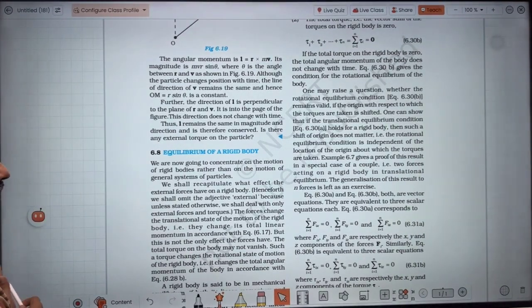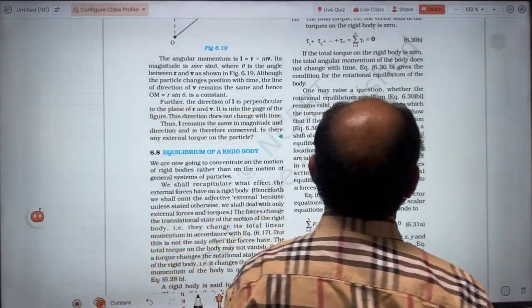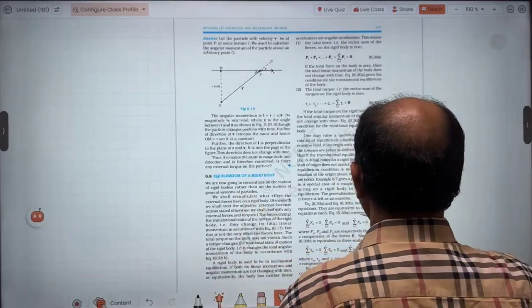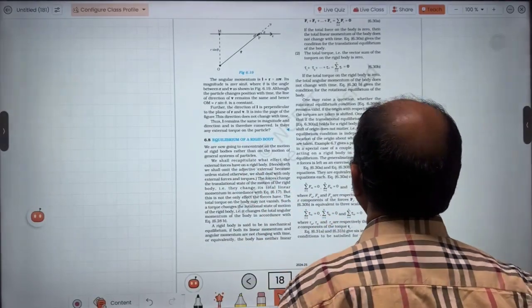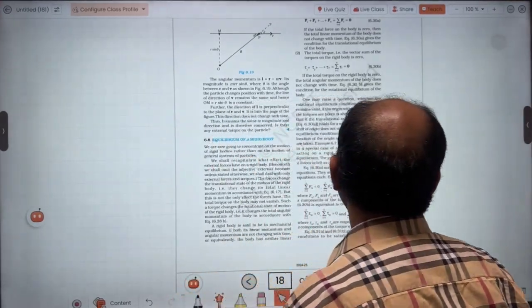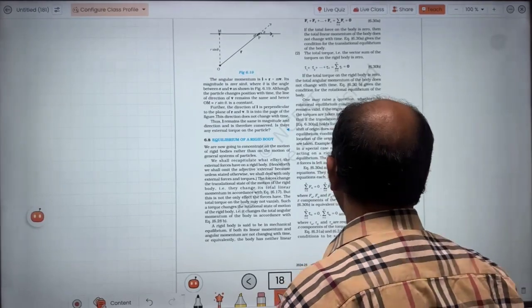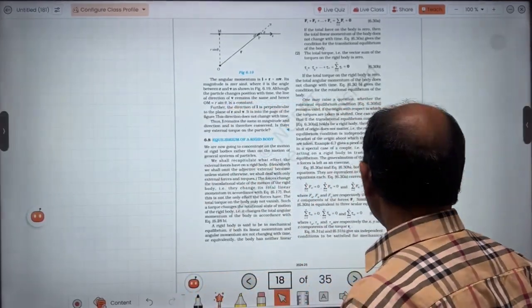Similarly, the forces that are acting to take it forward also have sum 0. So here the same thing is given, that translational equilibrium is there, and there is rotational equilibrium. It means there is no torque. For translational equilibrium, there is no net force.